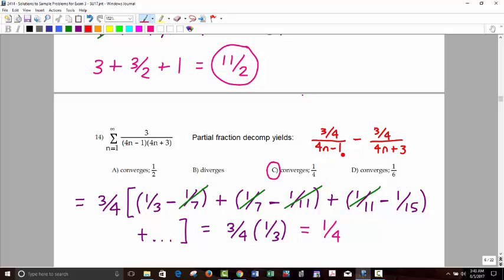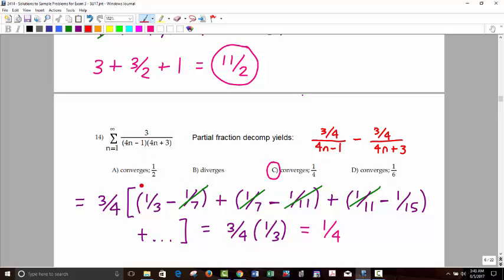Because what happens here, yeah, the difference in -1 and 3 is 4, but you're only left with one term here. Now this one, I did pull out the 3/4 just to show you the difference between not doing it and doing it. Your call, whatever works best for you. You just have to remember to multiply it back at the end.